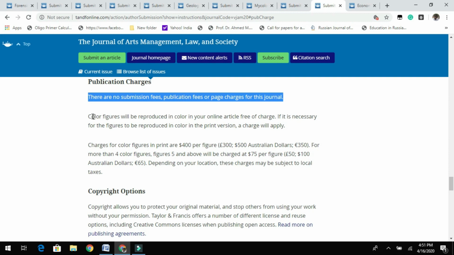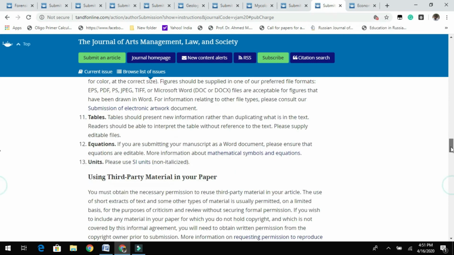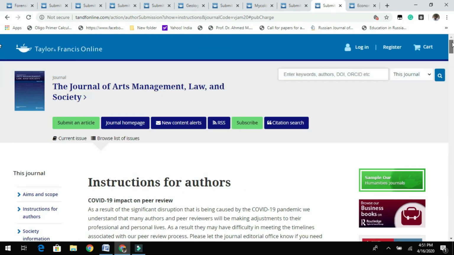Whereas the color figure will be reproduced in color in your online article free of charge, but charges for color figures in print are approximately 400 USD per figure. So if you are planning to submit your research related to arts management, law and society, then please do check the detailed information from this website.